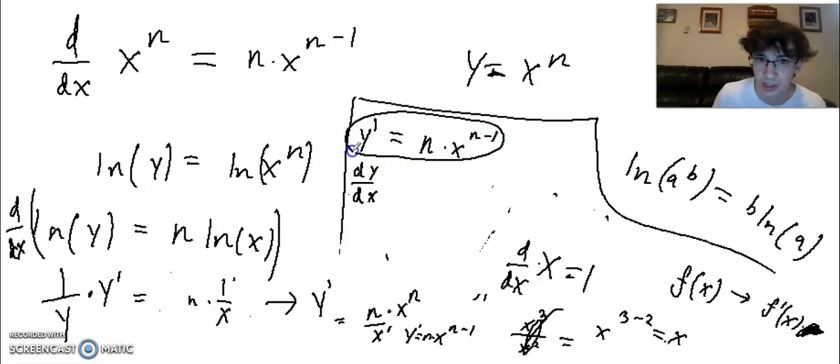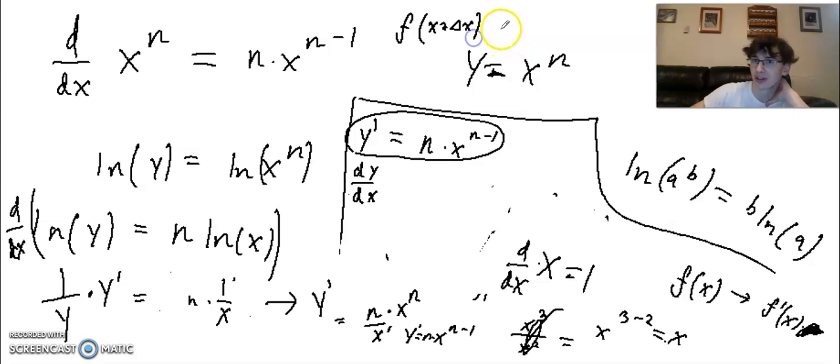That's our definition. So that's our power rule. And notice how just multiplying the front and then subtracting 1 power is way easier than your whole f of x plus delta x minus f of x all over delta x, and then you find the limit. It sucks, and it's too much work. So we're going to be doing this shortcut for a while now.